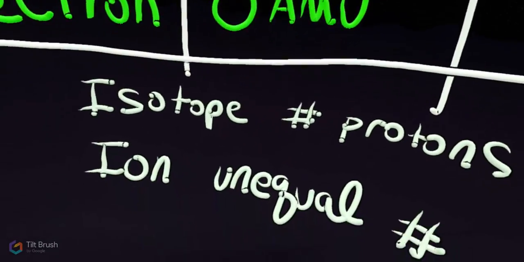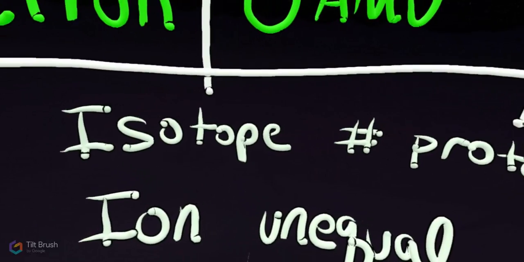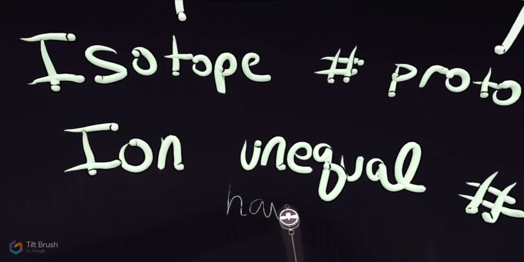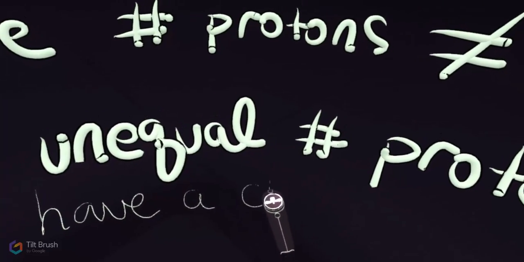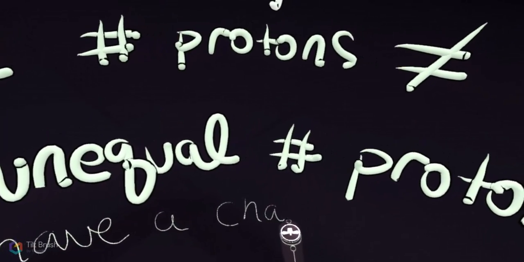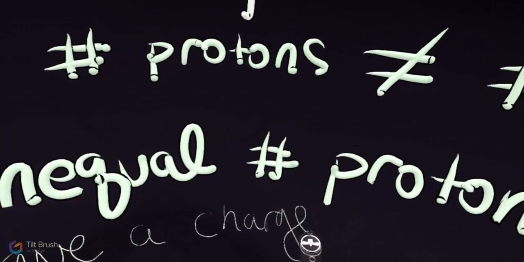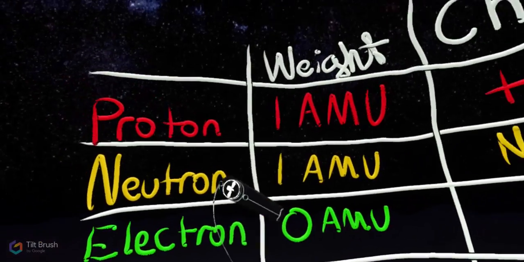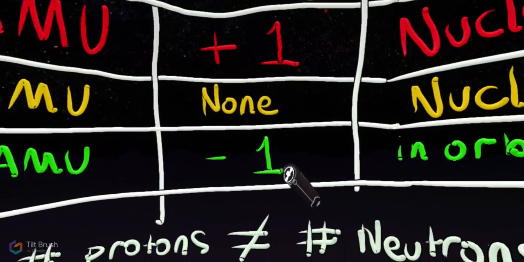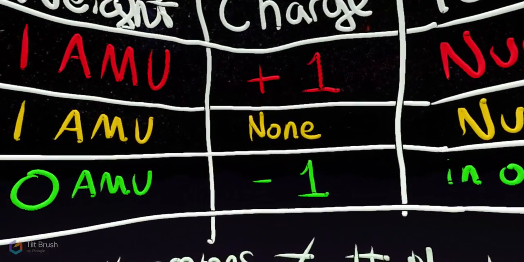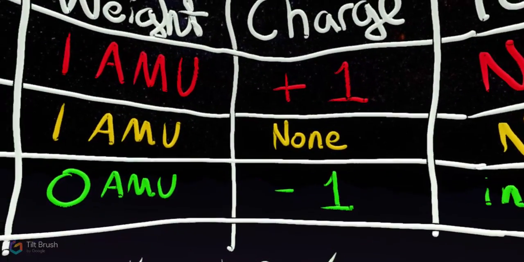And so ions have a charge. If they have more protons than electrons, they have a positive charge.